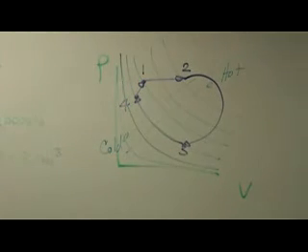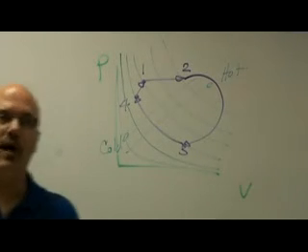Going from 1 to 2, has the temperature gone up or down? Up. Going from 2 to 3, temperature gone up or down? Down. How about from 3 to 4? Up, down, or the same? Same, because you're along the hyperbola, right?